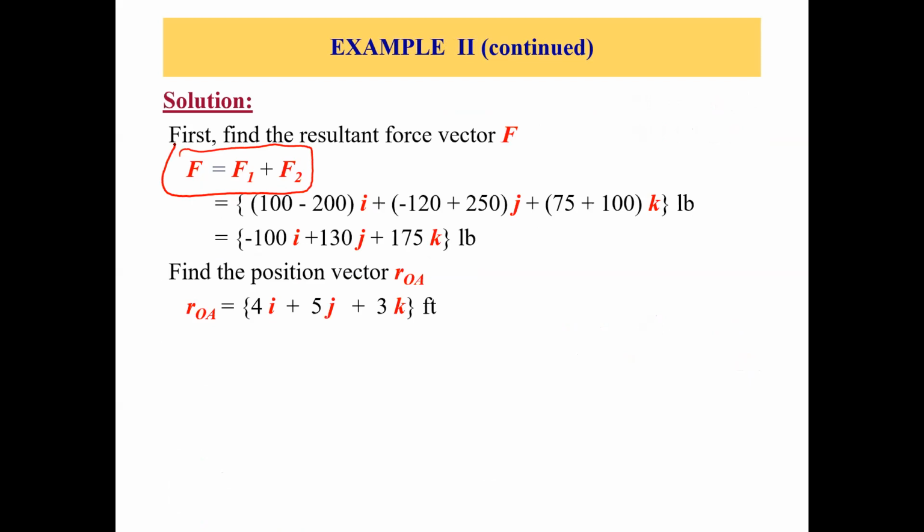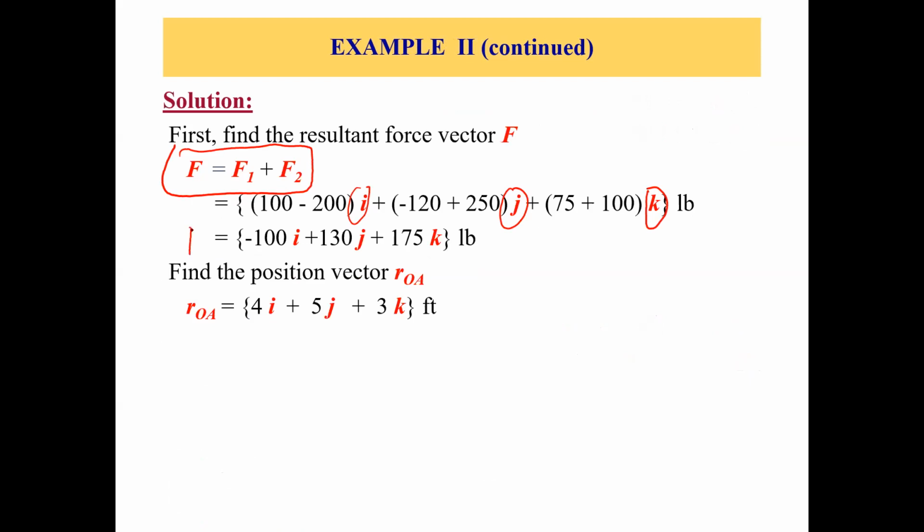Everything is in vector form, so just add the i components, j components, and k components, and you'll get the resultant force vector in Cartesian vector form.